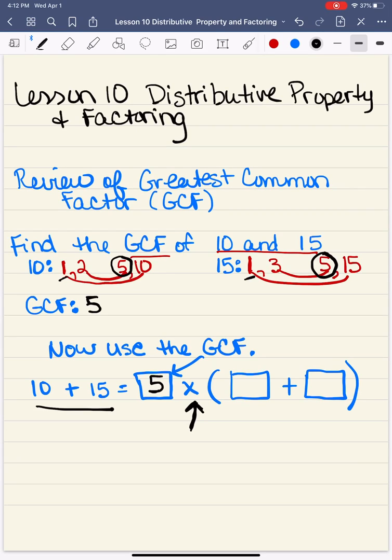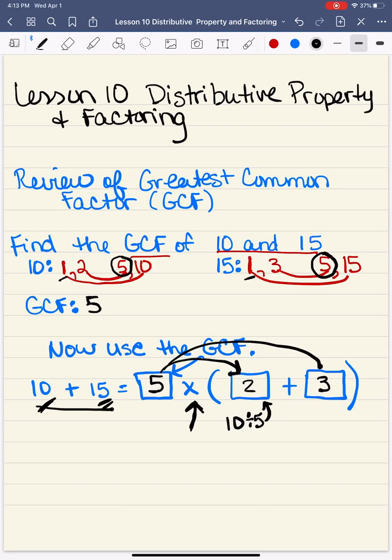So this needs to multiply back. Well, 5 times what gives us that 10? 2. The other way to think of that is 10, our original number, divided by the greatest common factor is how we're getting that number. And then the 15, well, 5 times what would give us that 15? 3.